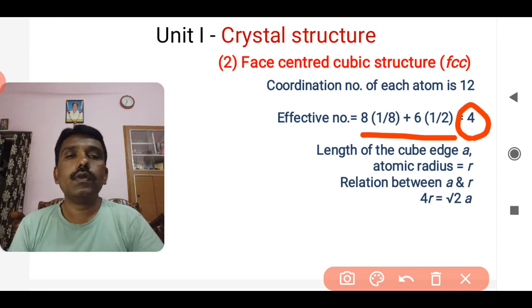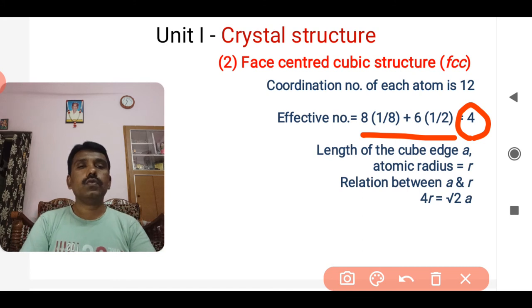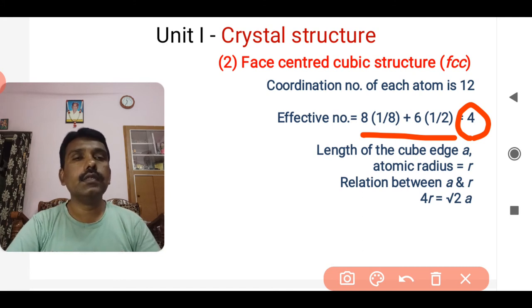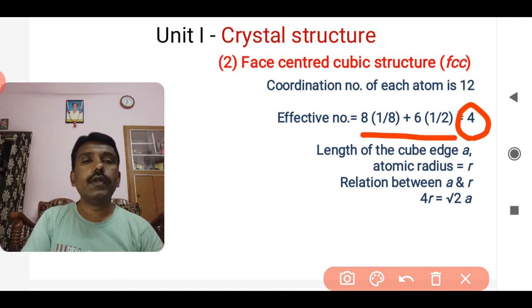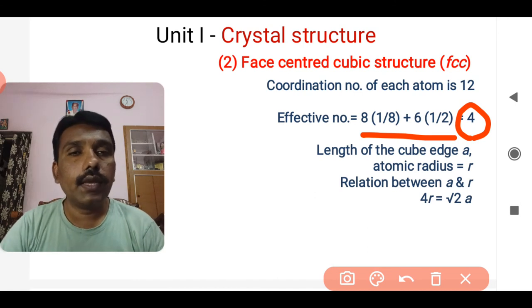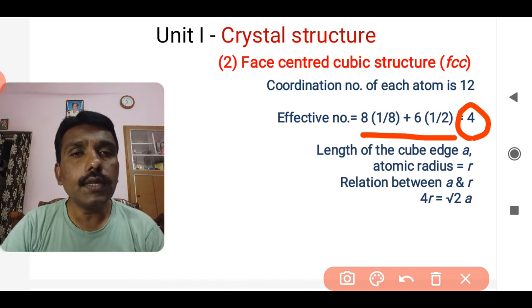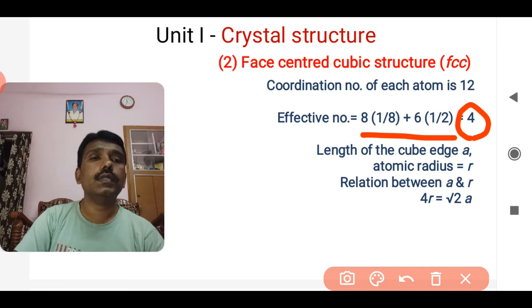So as far as the effective number in FCC, it is 4.